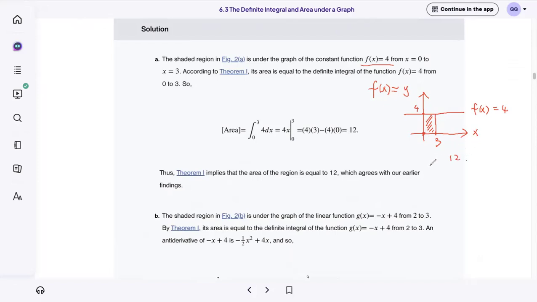Well, let's go through doing integrals. So set up the integral, lower limit 0, upper limit 3, dx. The function is just 4, a constant function. So we anti-differentiate, we get 4x. Then we evaluate at 0 and at 3, then we subtract them. Yes, of course, we get the same answer, 12.